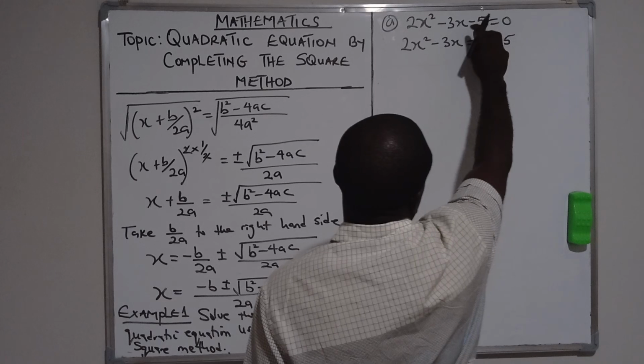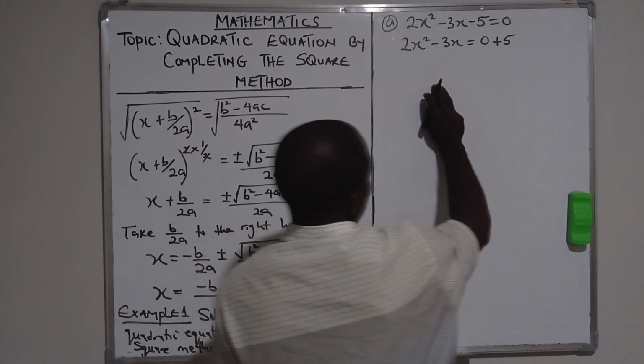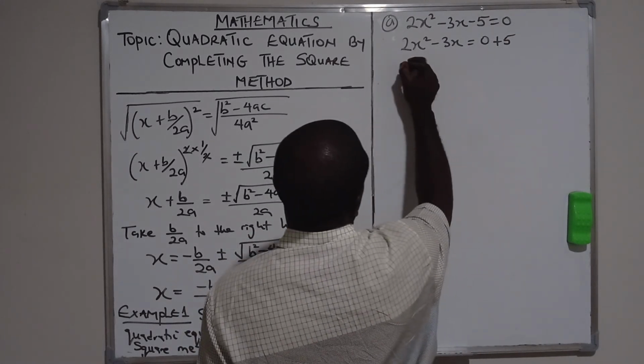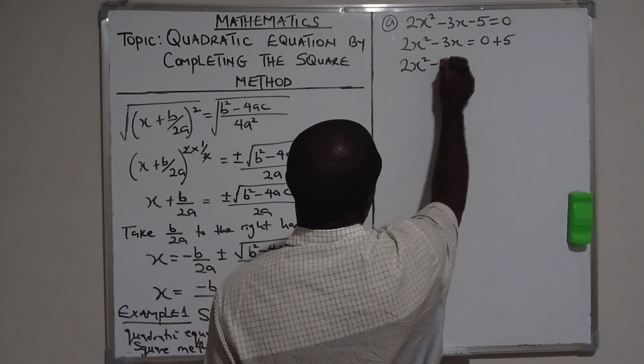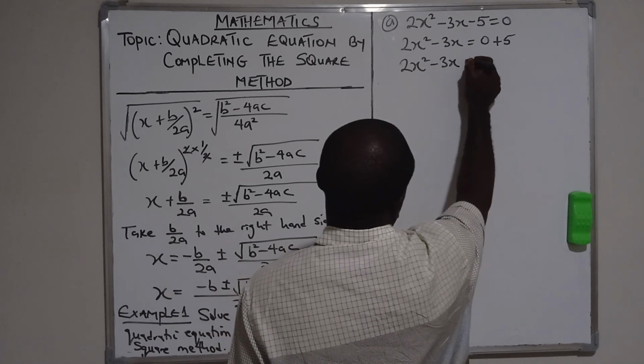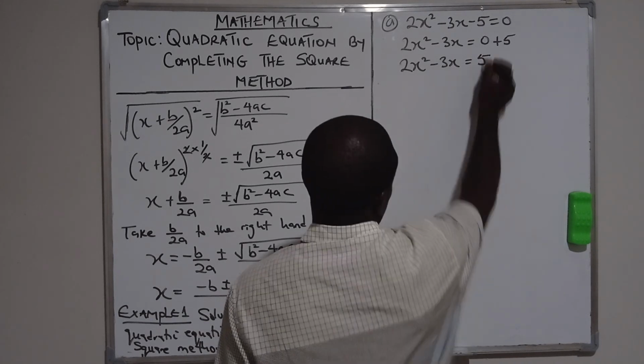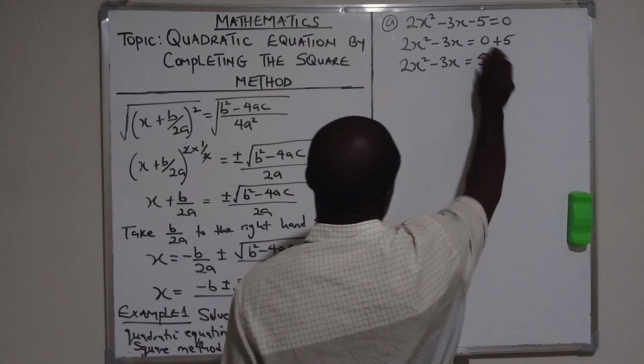Minus 5 turns to positive. You are having 2x squared minus 3x equals 0 plus 5, which is 5.